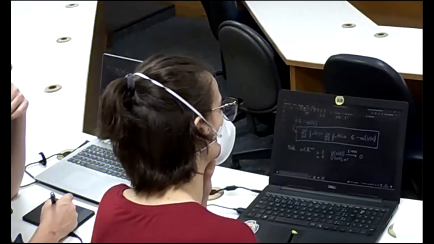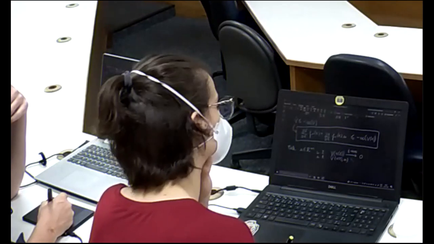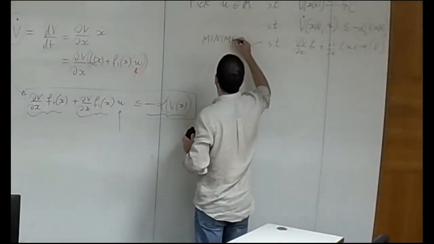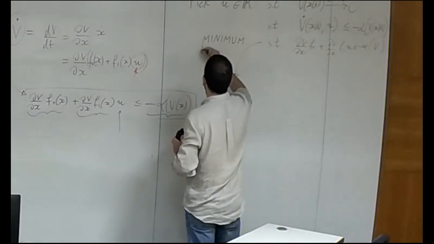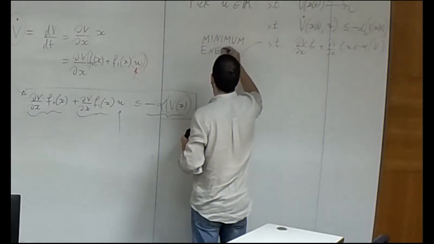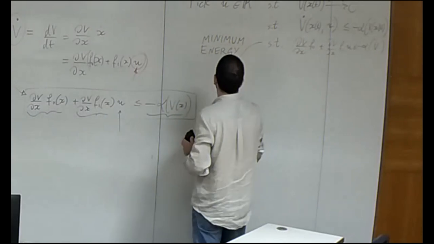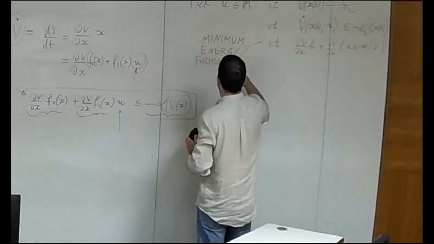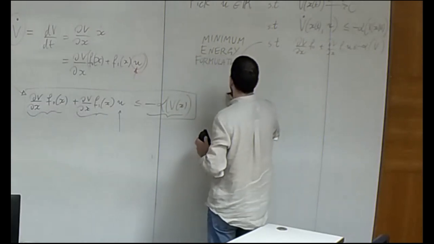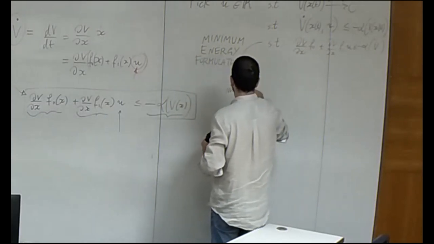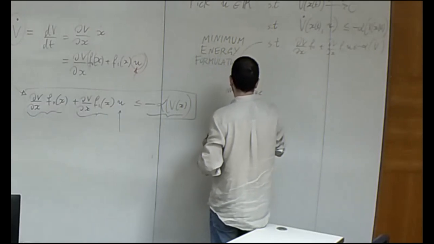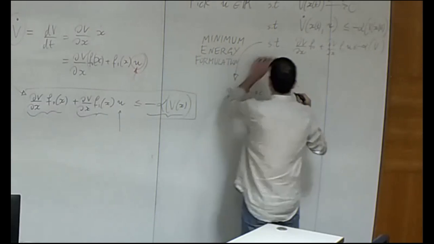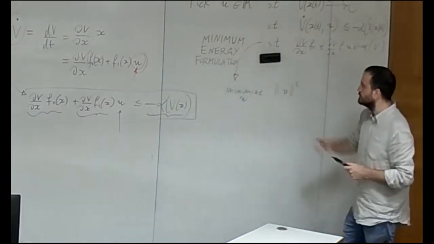So we said that this minimum energy formulation is the solution to this optimization. The cost is the squared norm of u.